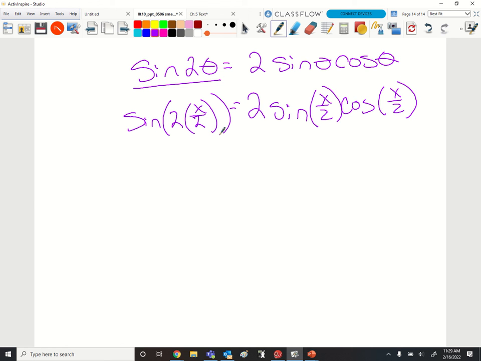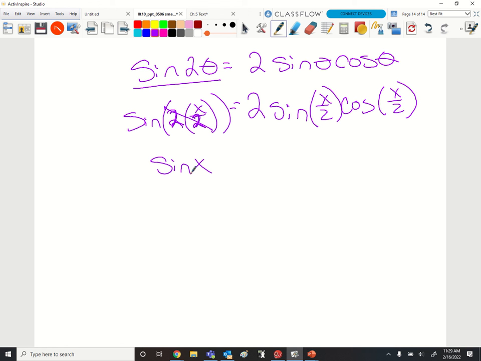The 2, this 2 right here, is multiplying, isn't it? But what is this 2 right here doing? If I'm multiplying and dividing by 2, what can I do with those? Cancel. So that's going to leave me with what? Sine of x. So those will cancel by using my double angle backwards. I'm able to come out to this and I get sine of x.